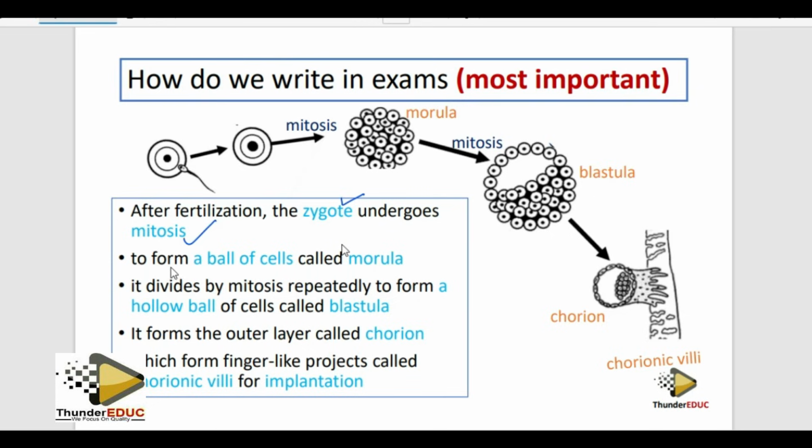Mitosis to form a ball of cells called morula. Morula is another mark, which divides mitotically repeatedly to form a hollow ball of cells called blastula. The word hollow is a mark, and blastula is another mark. And then this blastula forms the outer layer, which you call the chorion, and the chorion forms the finger-like projections called chorionic villi, which are used for implantation.